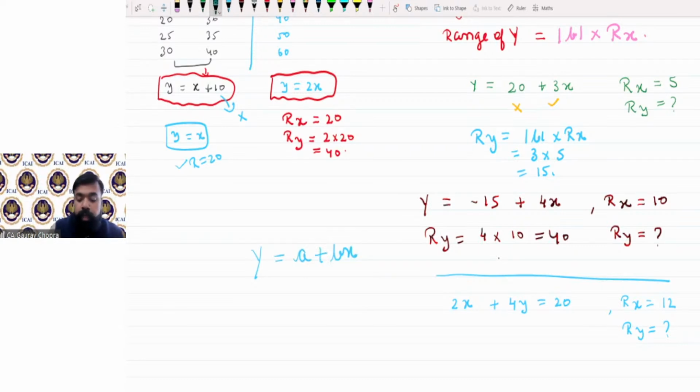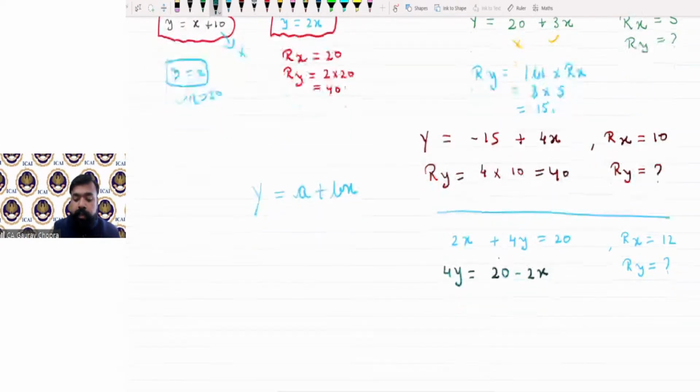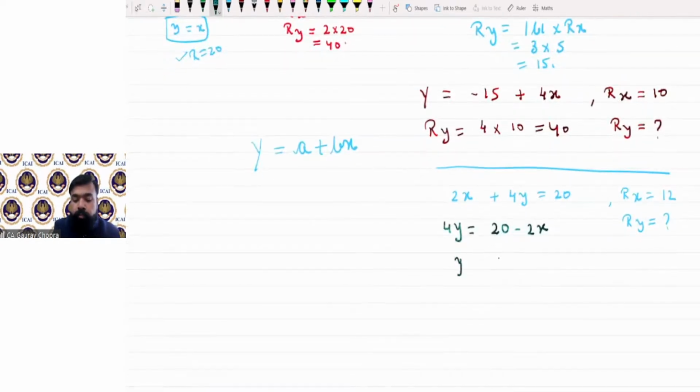So it will become 4y is equal to 20 minus 2x. Now 4 will go on other side. So it will become y is equal to 20 by 4 minus 2 by 4x. So what is mod b here?